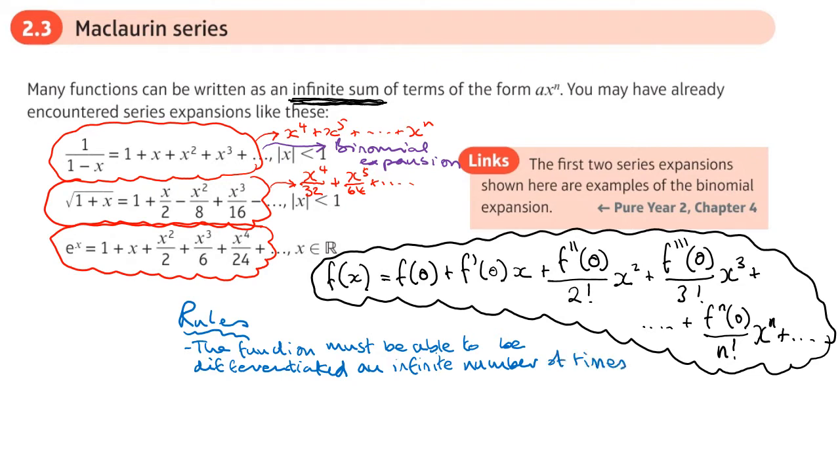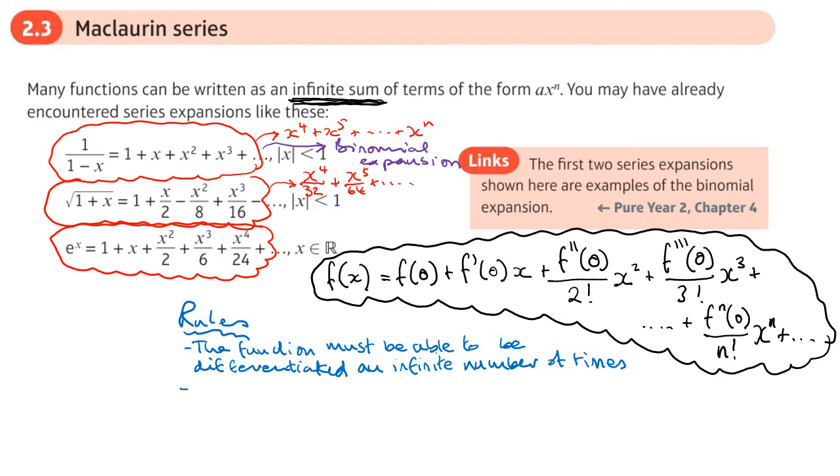The second thing is that if we work out any derivative, or when we differentiate multiple times and we substitute 0 in, we need to make sure that we don't get an infinite value, so we can't divide by 0.